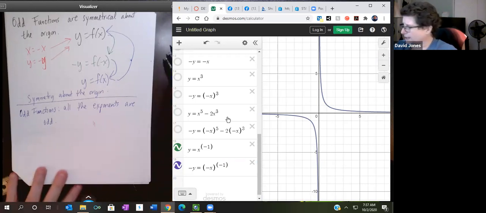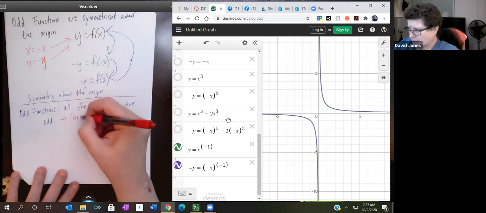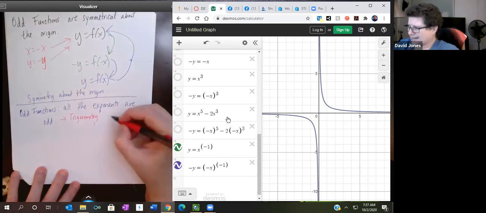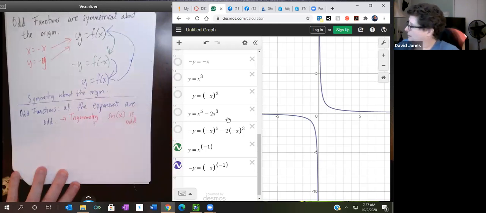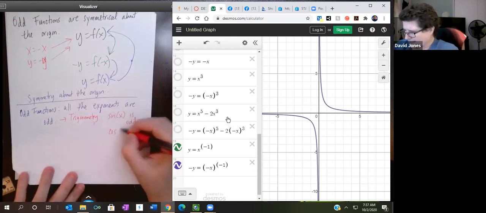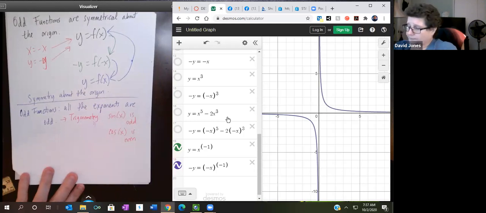Odd functions, all the exponents are odd. In trigonometry, sine of x is odd. You'll see that. And you're going to see that cosine of x is even. Odd functions, all the exponents are odd.